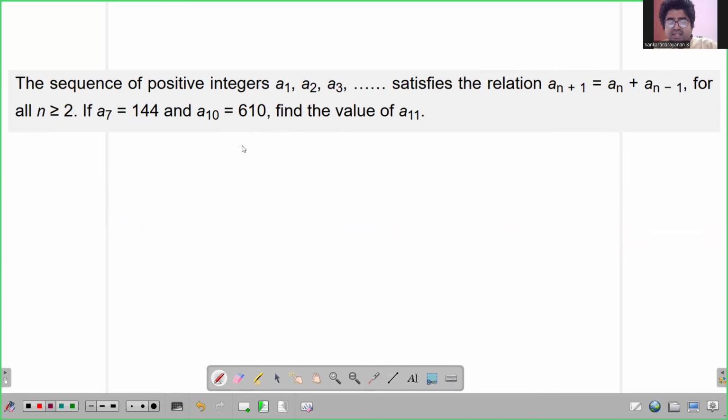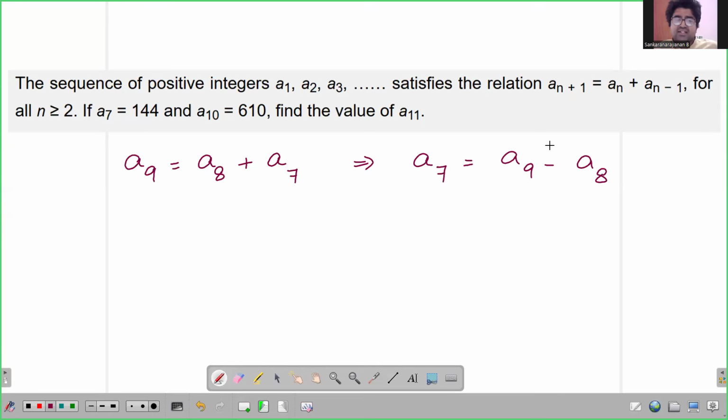I will write A7 as A9 minus A8, that's better. A9 is nothing but A8 plus A7, so A7 is equal to A9 minus A8.